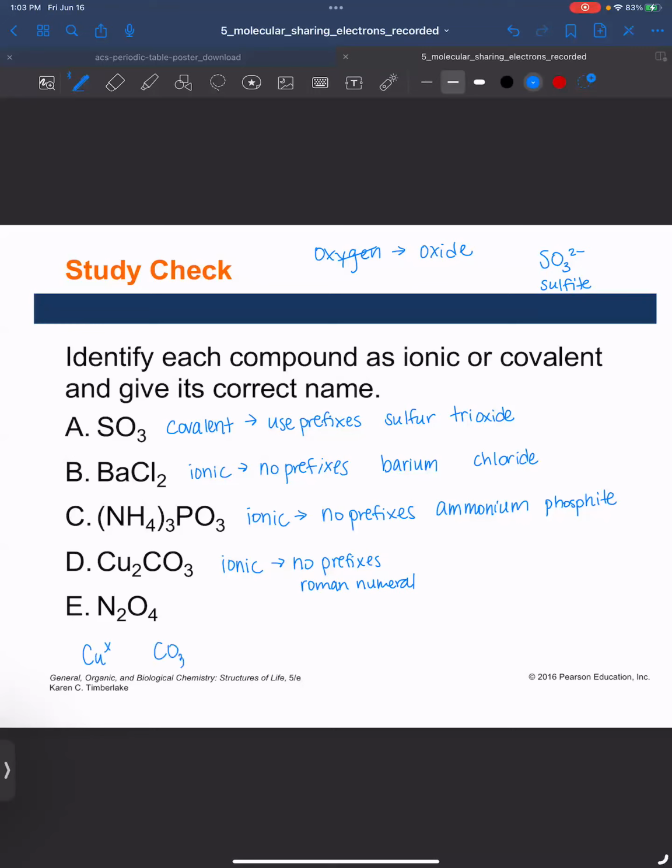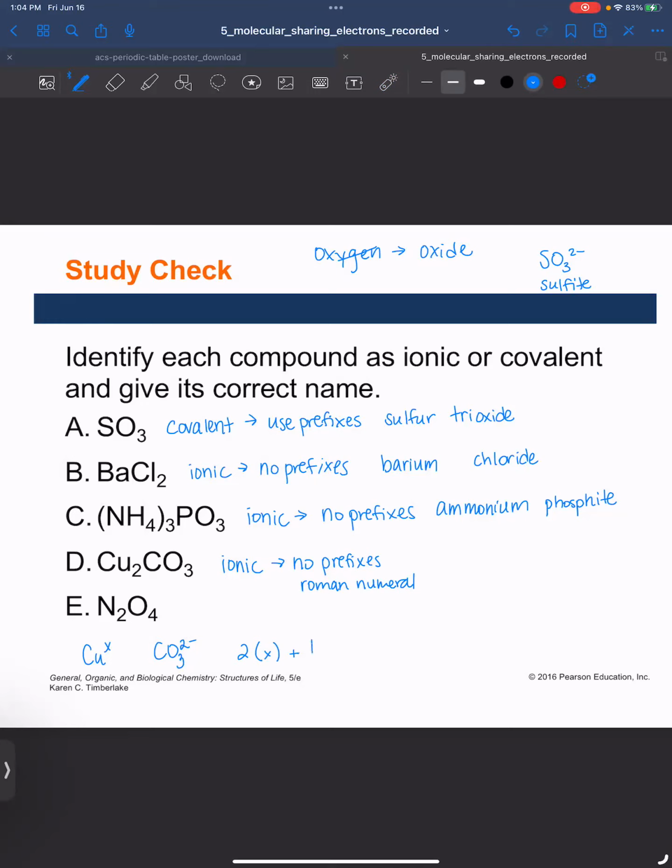CO3 is a polyatomic ion. Remember, you'll be provided the list of polyatomic ions for in-person assessments, so no need to memorize, but make sure you're familiar with them so you can look them up quickly if needed. So this is carbonate, CO3 2-. And so if I do the algebra, I have 2 copper ions here. X is the charge.